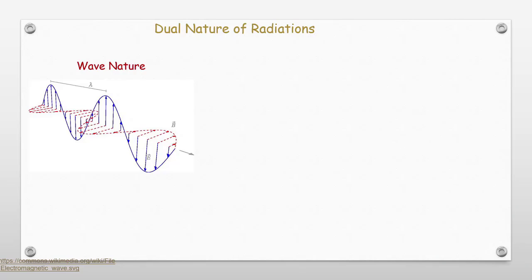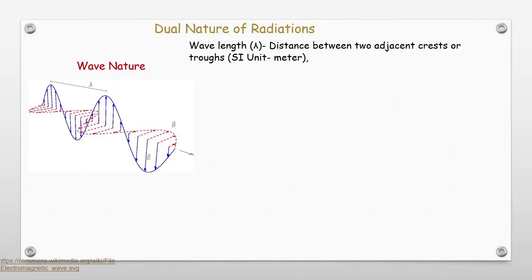So when you have a wave nature, these are characterized by certain parameters. The parameters are, first one is wavelength, which is represented by the symbol lambda. Wavelength is the distance between two adjacent crests or troughs. So this is a crest, this is another crest. The distance between the two adjacent crests is lambda.